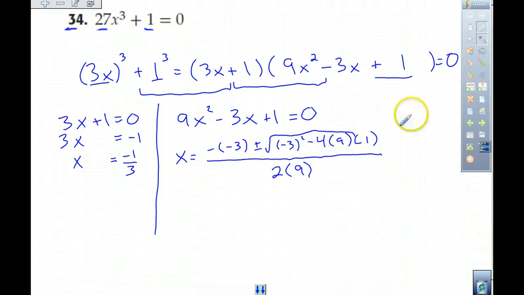Now here's the thing. If you don't do the difference or the sum of cubes correctly up top, you'll have the wrong quadratic here, and then all this work will be for nothing.